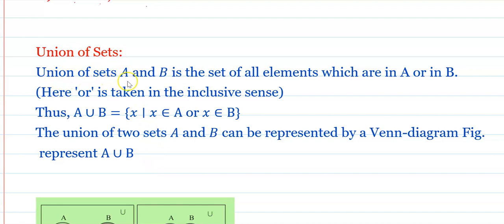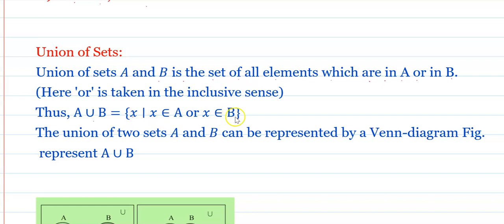Union of sets A and B is the set of all elements which are in A or in B. Okay. Thus, A union B is equal to {x such that x belongs to A or x belongs to B or x belongs to both of them}.